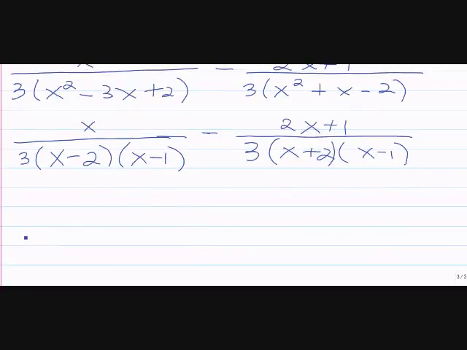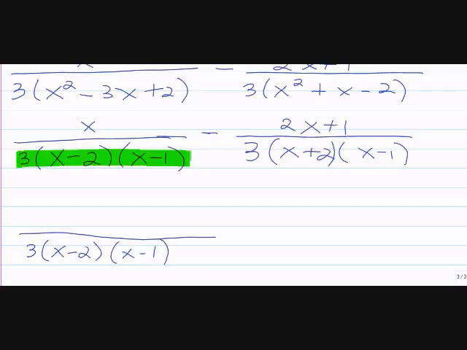My common denominator needs the 3, the x minus 2, and the x minus 1. I get all of those from the fraction on the left. I do not need to repeat this 3. It was already there. This x plus 2 is not in my common denominator, so let me add it.